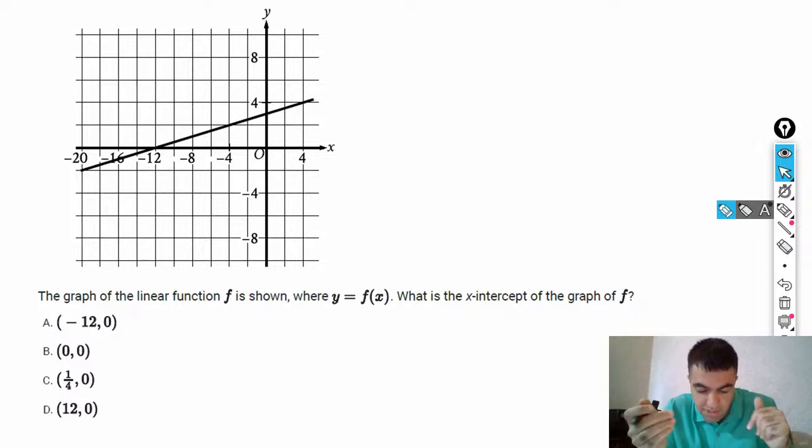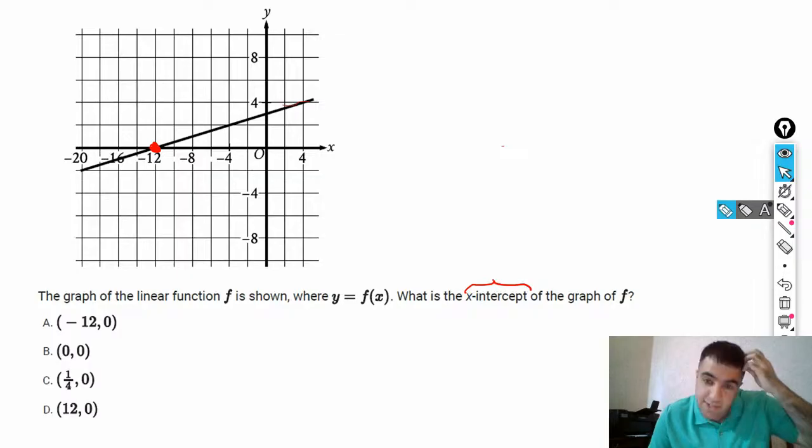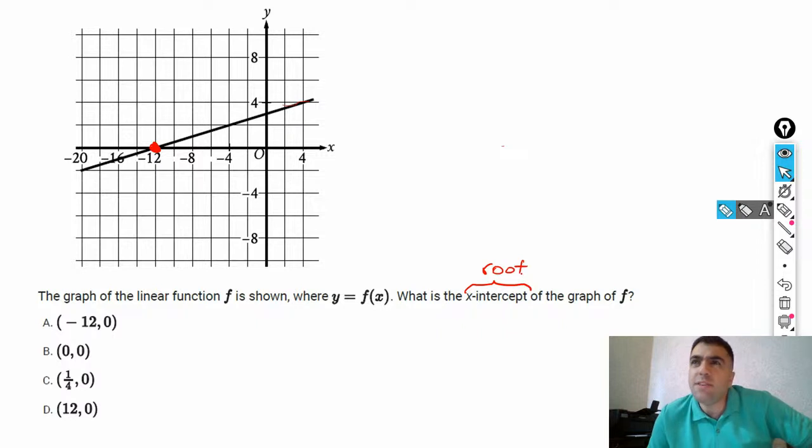Mr. Sahib said A. Oh, you are good, Sahib. Yeah, that is A. Why? Because the x-intercept is here, right, guys? There are several names: x-intercept, root, and there was one more, and I forgot it. X-intercept of graph, root of graph.